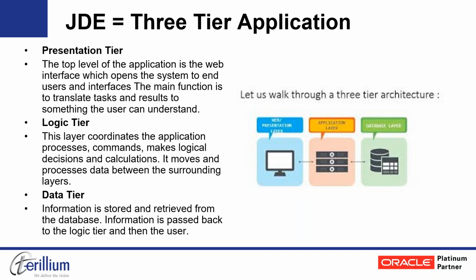The logic tier is our enterprise servers, and this is the thing that actually provides the logic of the system. It manipulates the data either through business functions or through reports. And then the data tier is your actual database layer. The database stores the data set that you're manipulating and also all of the programs within the system.